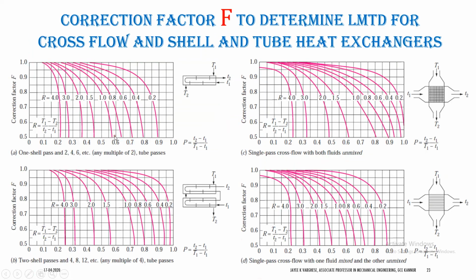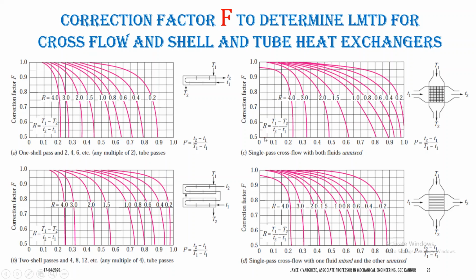These are the charts available, taken from a textbook. The same charts are also available in the data book, the HMT data book by C.P. Kothandaraman. This is the correction factor F to determine LMTD for cross flow and shell and tube heat exchangers.